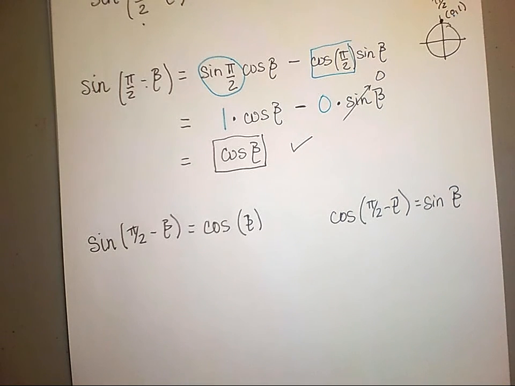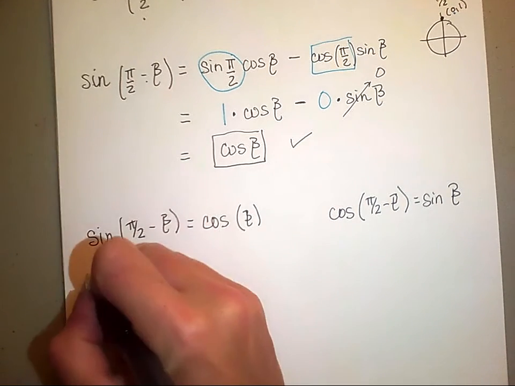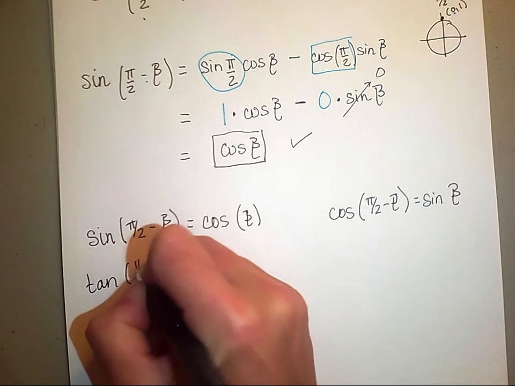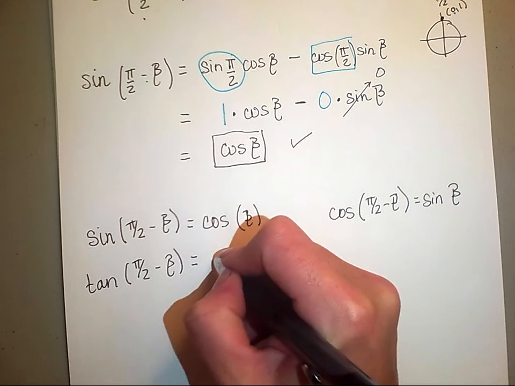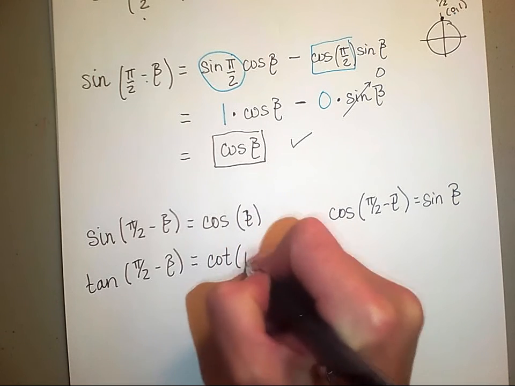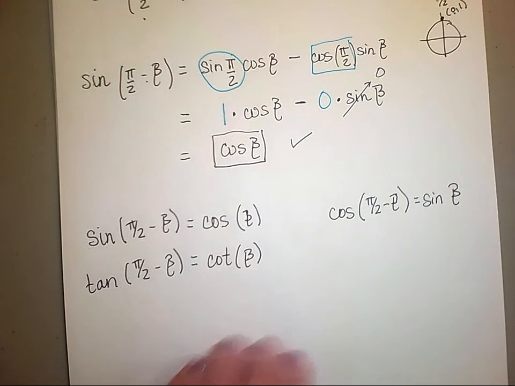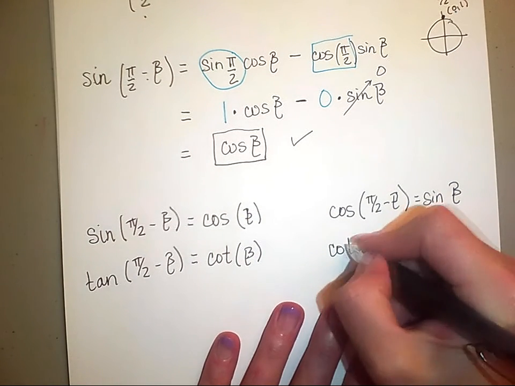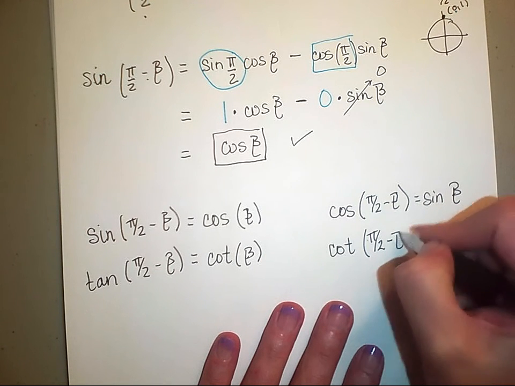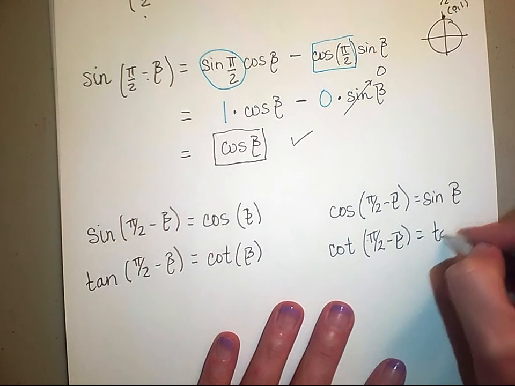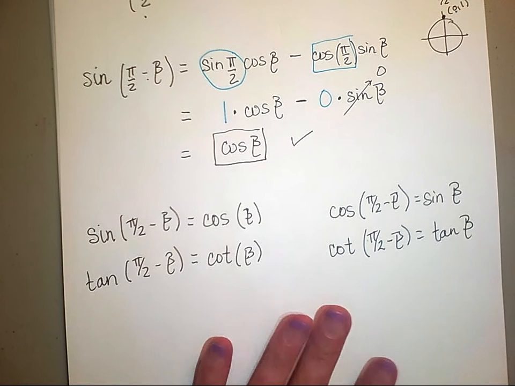It'll work both directions because they're cofunctions. The tangent of pi over 2 minus beta has to be equal to the cotangent of just beta, and the other way around as well. The cotangent of pi over 2 minus beta must be equal to the tangent of beta.